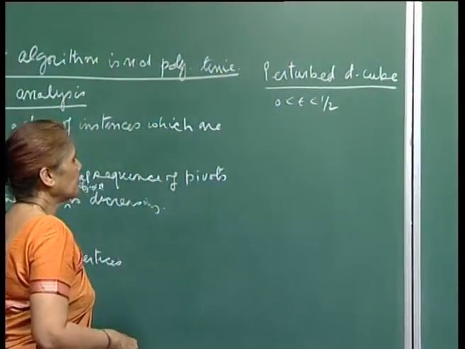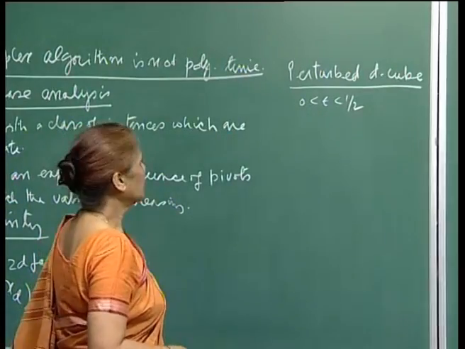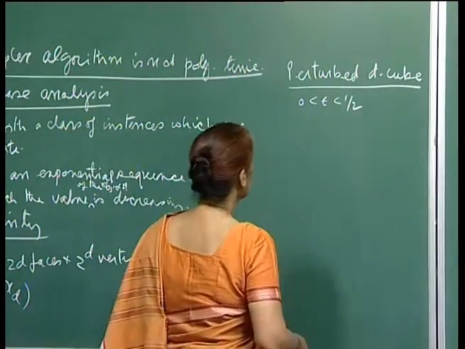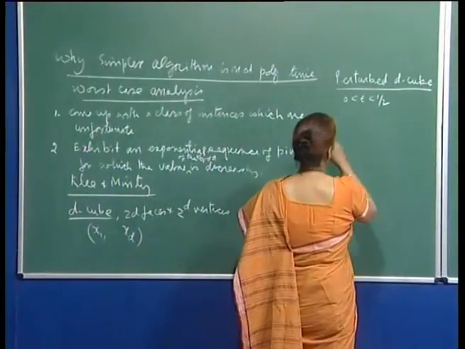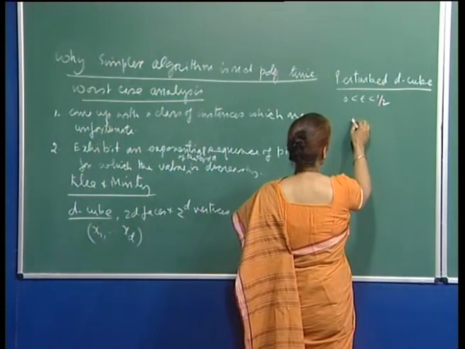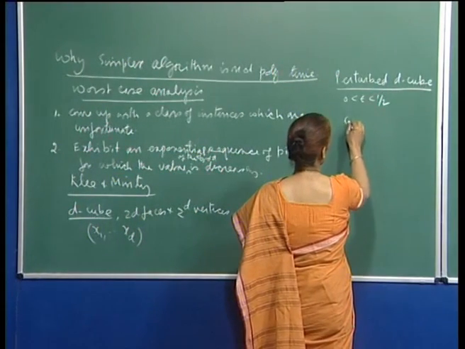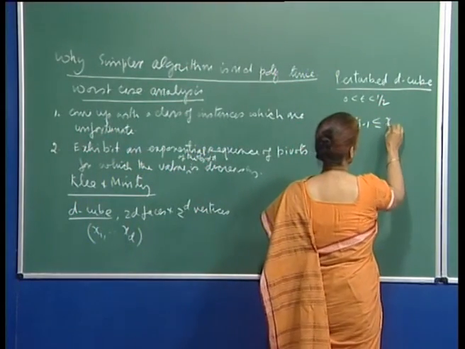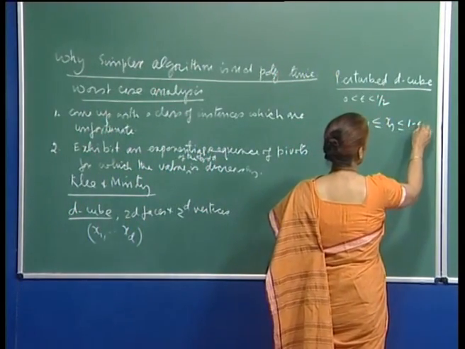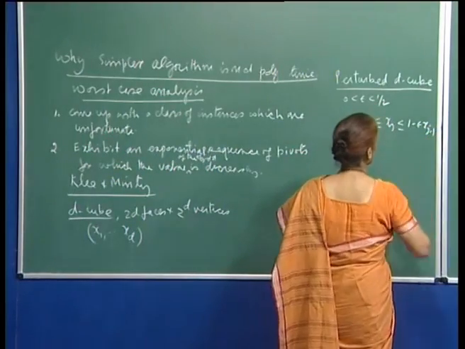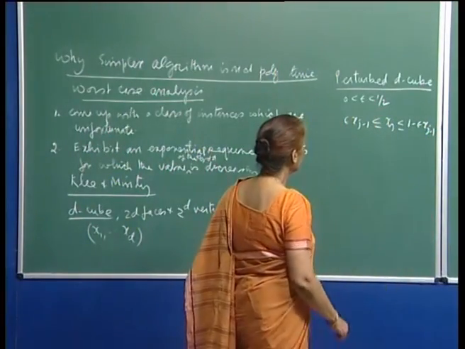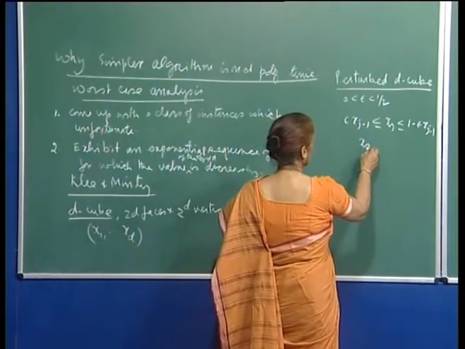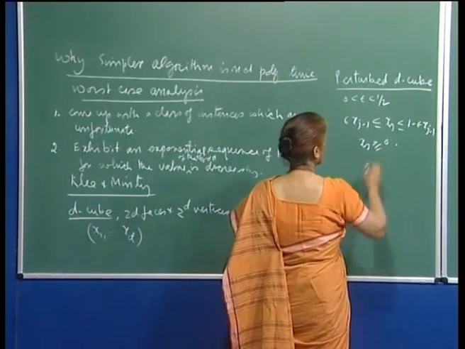It could be any value of epsilon between 0 and half, and we describe it as: epsilon times x_{j-1} less than or equal to x_j less than or equal to 1 minus epsilon times x_{j-1}. And of course your x_j's are all greater than or equal to 0 for all j.